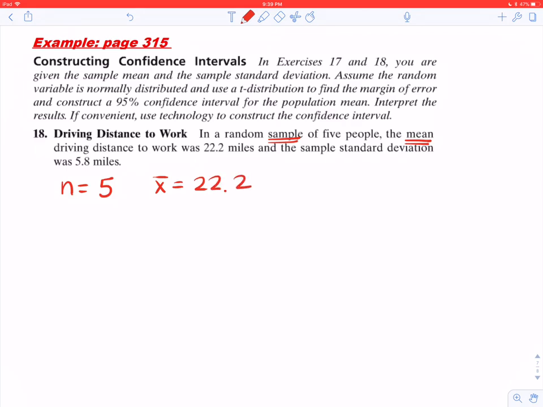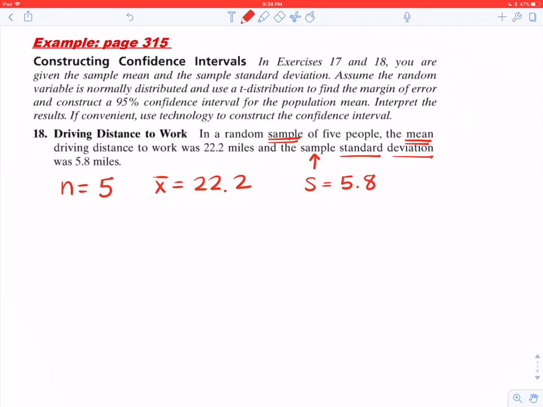And then notice here, we've got a standard deviation, but it only applies to the sample. It's not for the whole population. To be sigma, it has to be for the whole population. So that means in this case, I have a value of S, sample standard deviation, and it's 5.8.